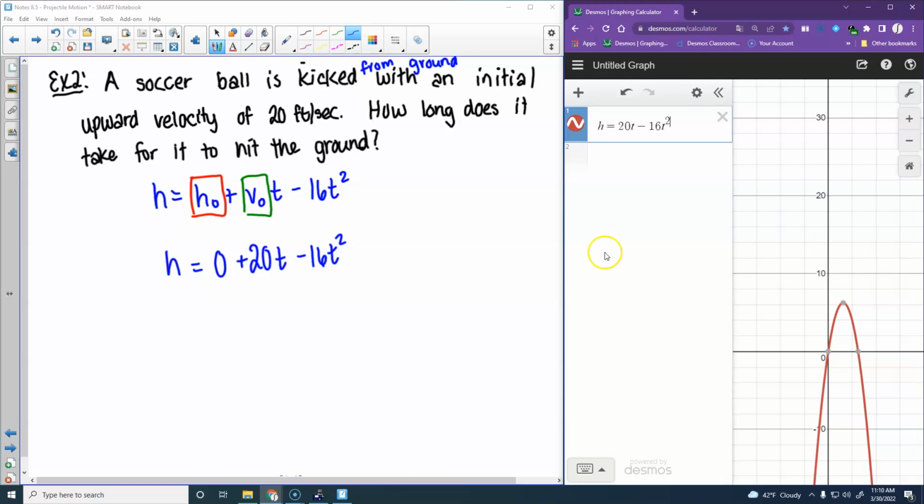And we're looking again for where this hits the ground. So let's see, Jada, where is it going to hit the ground? Or how long? 1.25. Okay, that looks good.